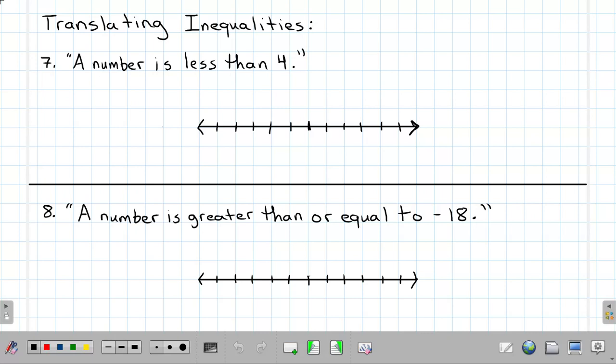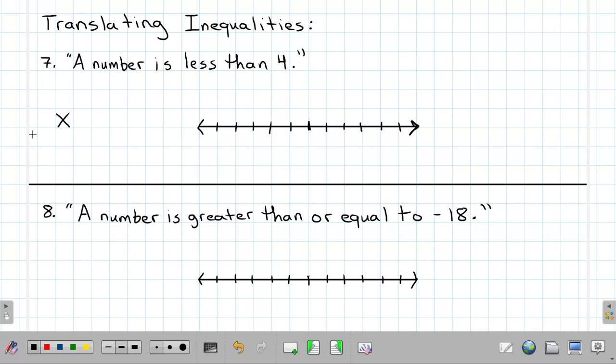So if we look at number 7, it says a number is less than 4. Well, we don't know what this number is. It just says a number. So what number are we talking about? Well, let's call it X. Or you can call it N, or you can call it LMNOP.